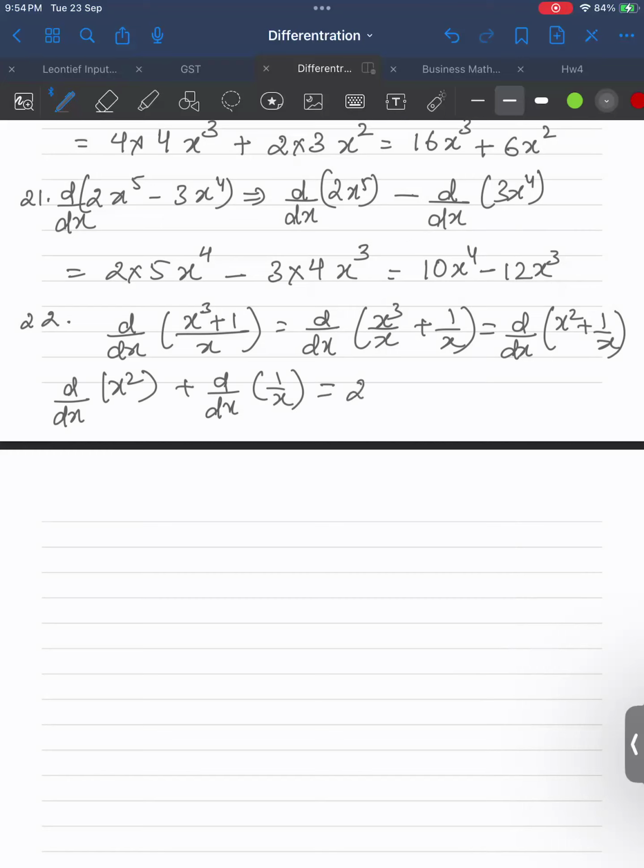It will become 2x plus, write it in this way, now it will become minus 1, and x would be minus 2. Question becomes to be 2x minus 1 upon x square. Is it clear?